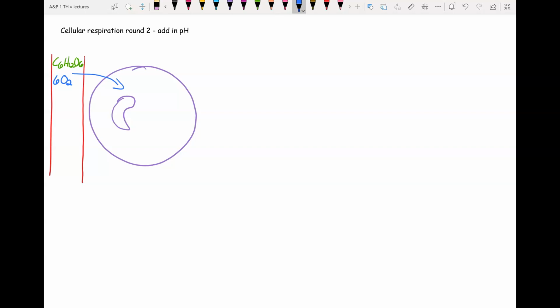You do the whole glycolysis, acetyl-CoA, Krebs cycle, electron transport. You get your ATP. You get heat, and you end up with 6 carbon dioxide and 6 water going back into the blood.